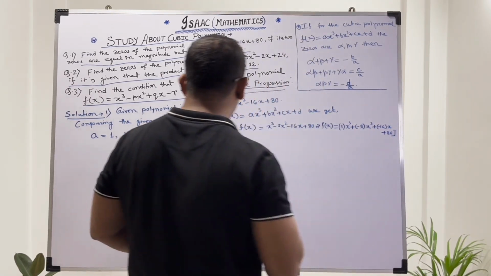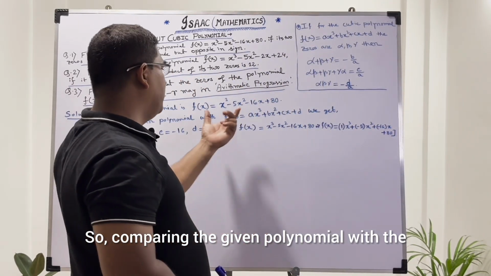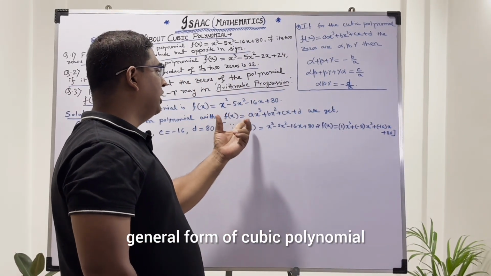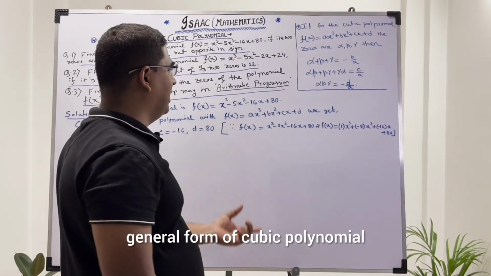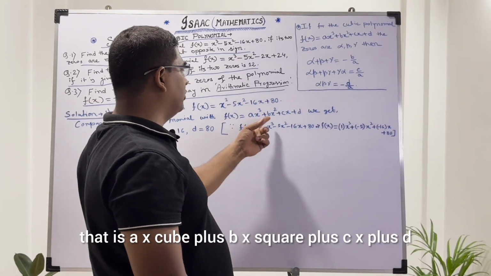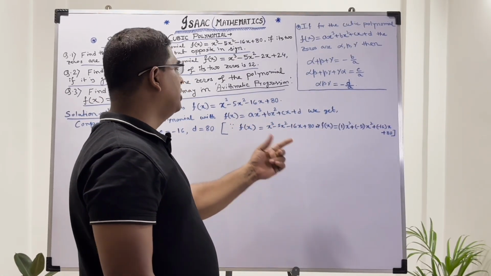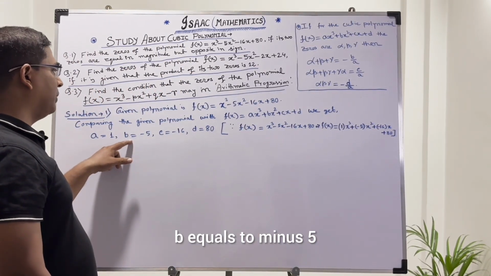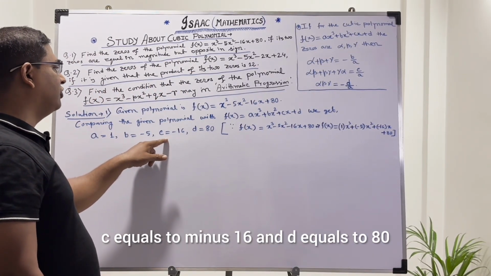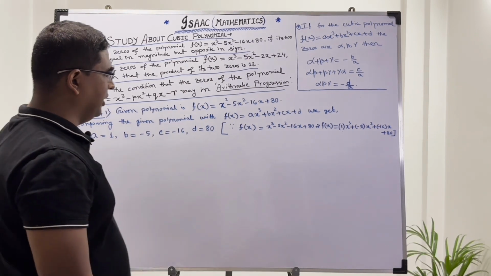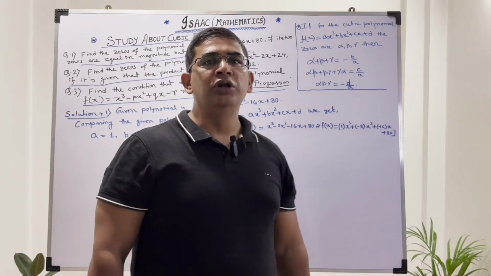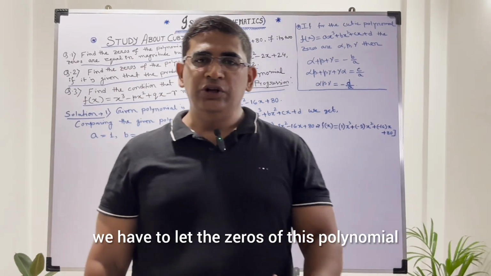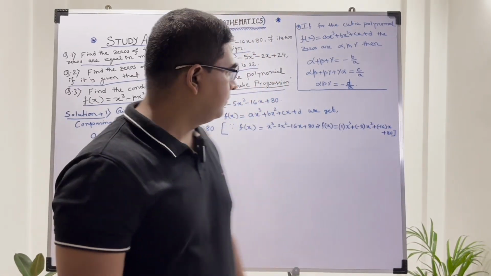So comparing the given polynomial with the general form of cubic polynomial, that is ax cube plus bx square plus cx plus d, we get a equals 1, b equals minus 5, c equals minus 16 and d equals 80. Now we have to find the zeros of this polynomial.